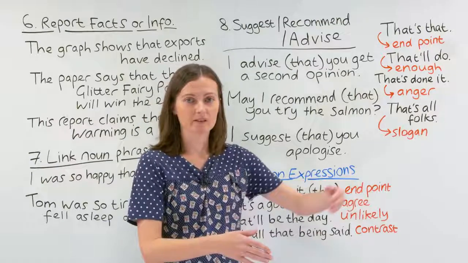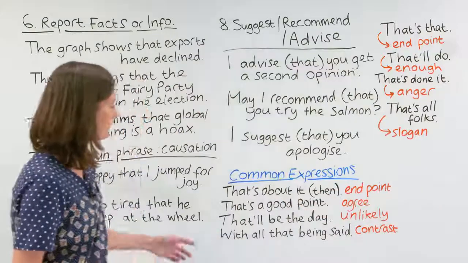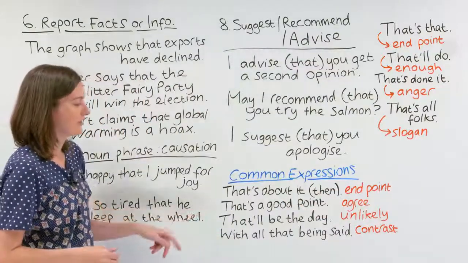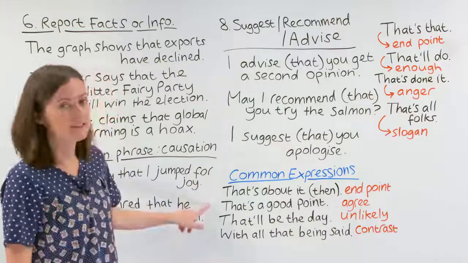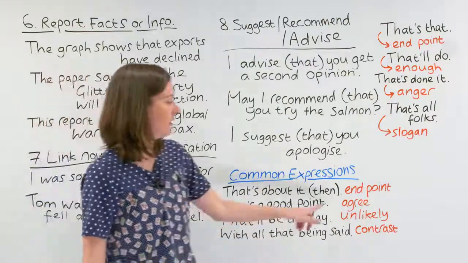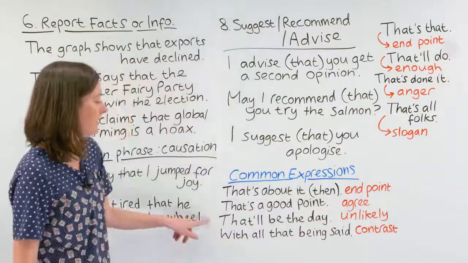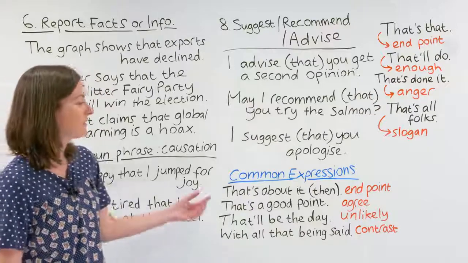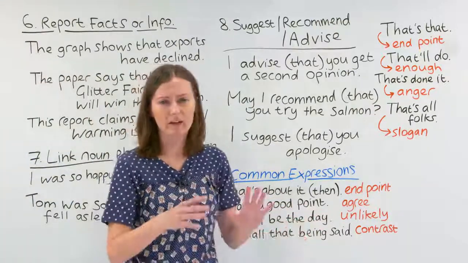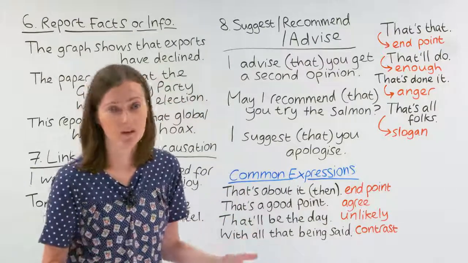And then the other person will reply or start speaking about something else. Another expression is, that's a good point. When somebody says that to you, they agree with what you're saying. That'll be the day means you think something is really unlikely. You don't think it's going to happen.